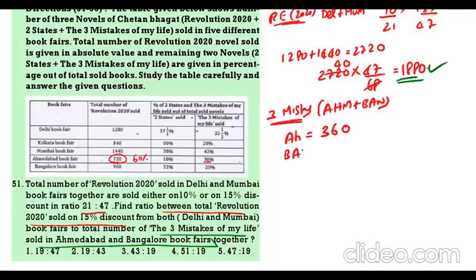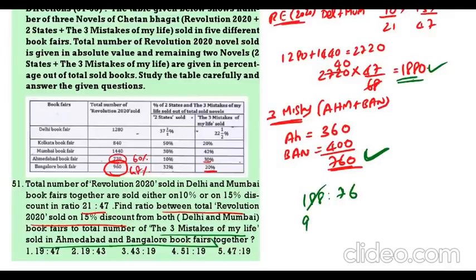Then come to Bangalore. This is 960. 32 plus 20, 52. This is 48%. 48%, 960 means each percent is 20. If each percent is 20, 3 Mistakes of Life 20% is 400. So totally we will get 760. This is one value. So we want the ratio of 1880 is to 760. That means 188 is to 76. With 4 we can do: 4 4s, 4 7s, 4 19s. So 47 is to 19. Option 5. Next.